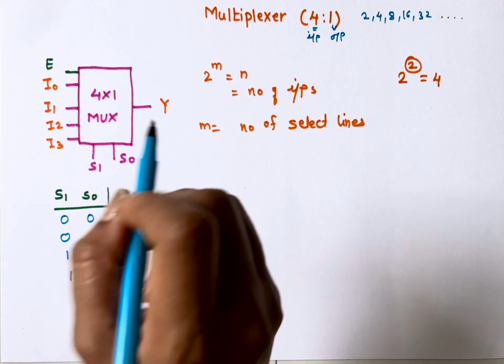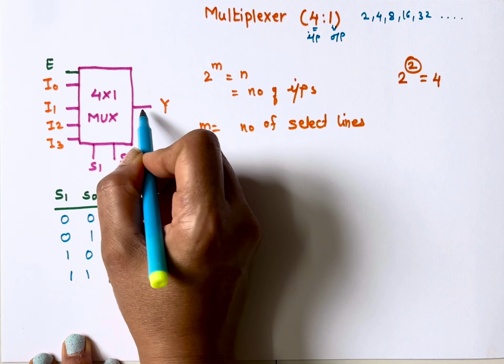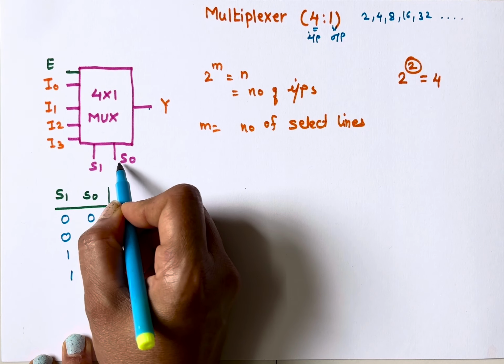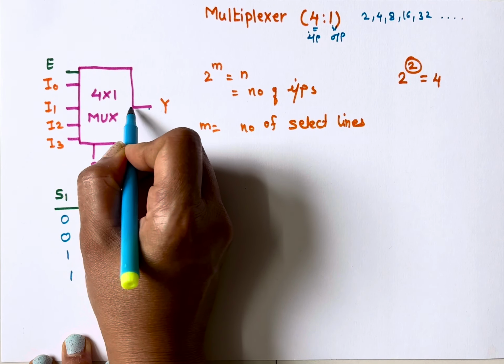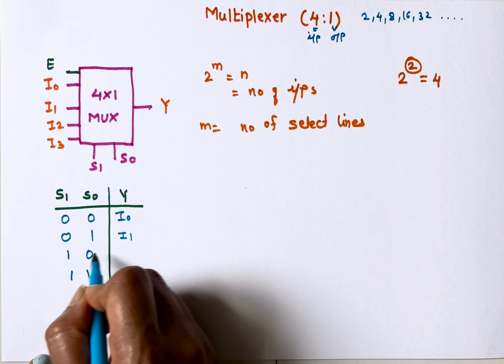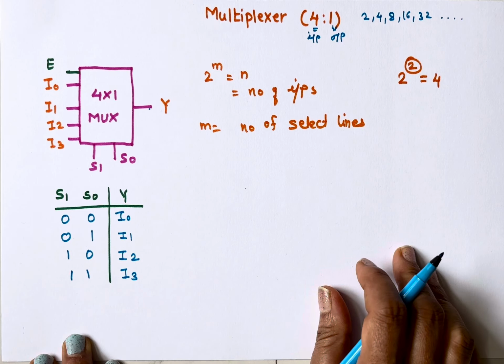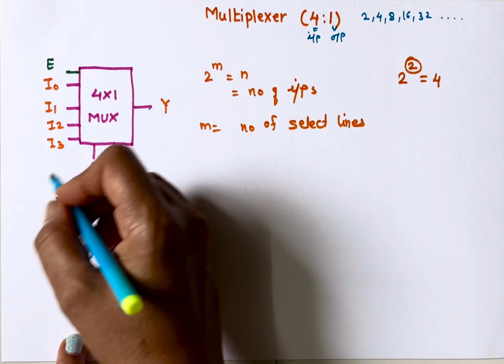Then when I choose select inputs as 01, I1 will come to the output. Here I'll get I2, here I'll get I3. In this way, this multiplexer works.